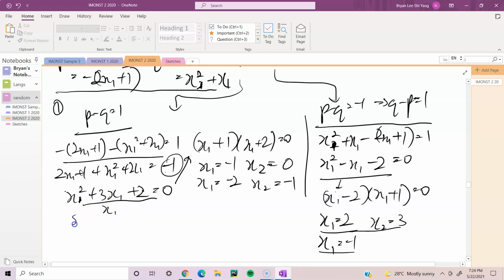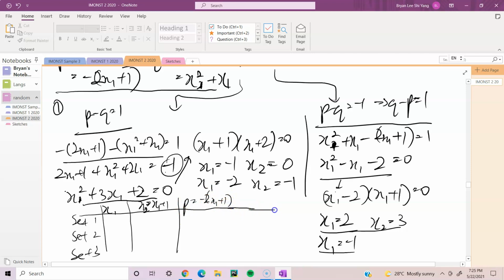So we have set 1, set 2, set 3. Let's make a tiny graph. So something like this, and then we have x2 also: x2 equals x1 plus 1, p equals negative 2x1 plus 1, and finally q equals x1 times x2. So x1 in the first set would be 1, and x2 is 0.